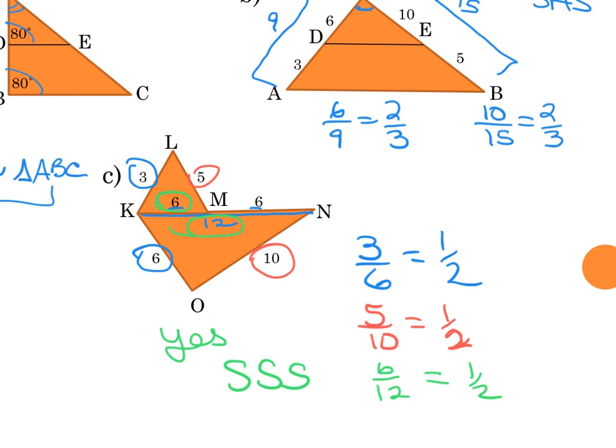Now I'm going to add two more examples for you. Let's see if you can figure out if these are similar or not. Let's say I draw what looks like my bow tie here, and let's say I add in 5, 6, 8, and 10.